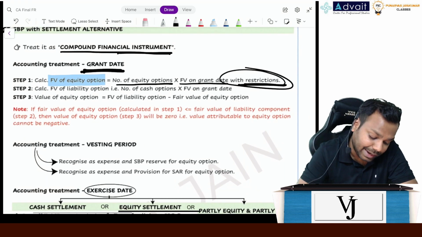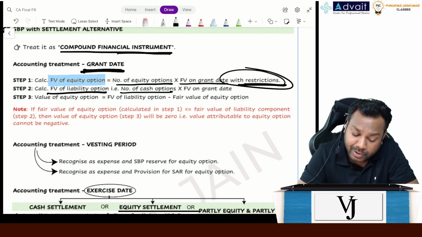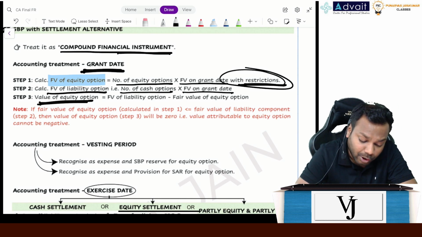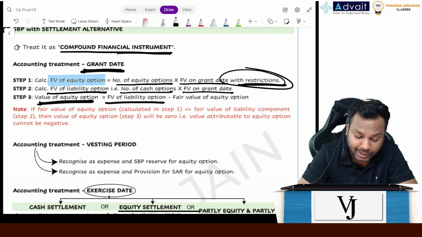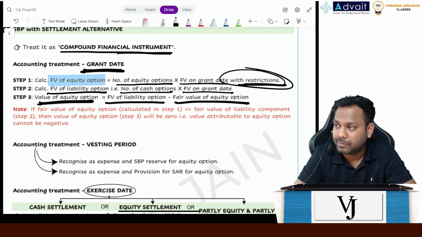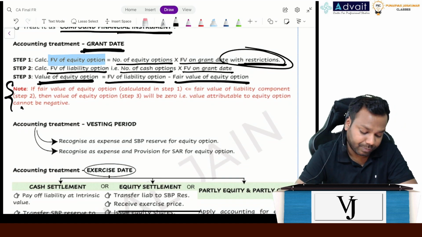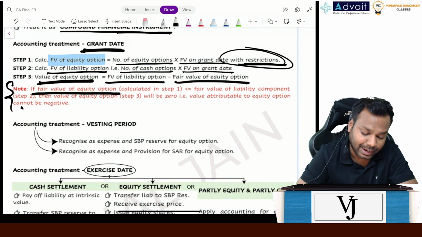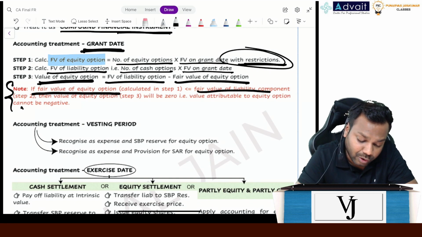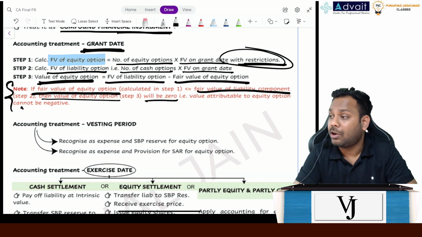Second is calculate the fair value of the liability option, that is number of cash options multiplied by the fair value on the grant date. The third is value of equity option will be equal to fair value of liability minus fair value of equity. Is it clear, everyone? Now, this note is very important. If the fair value of equity option calculated in step 1 is less than or equal to the fair value of liability component, then the value of equity component will be 0, but it cannot be negative.